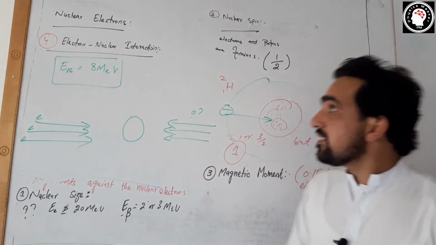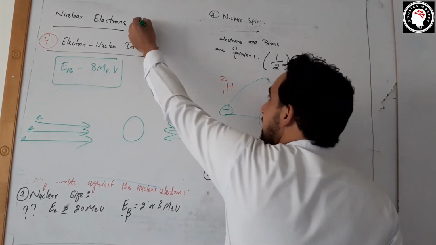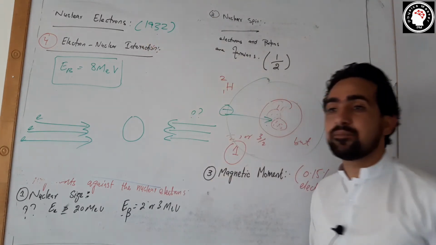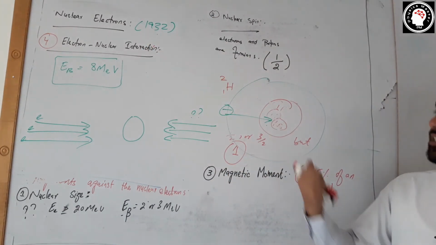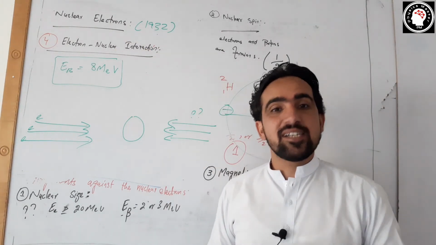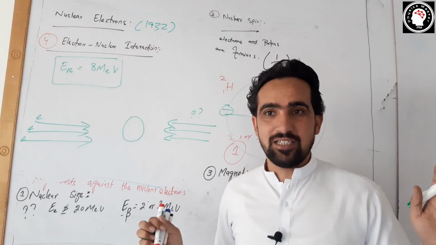Despite all these difficulties, until 1932, before the discovery of the neutron, this idea of nuclear electron was not abandoned universally.